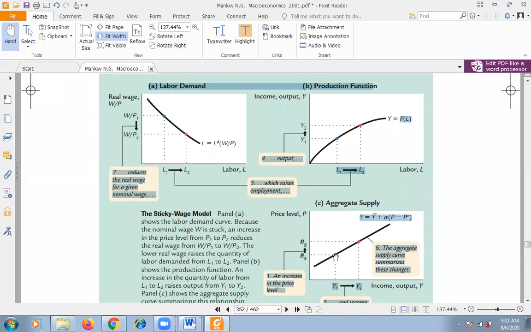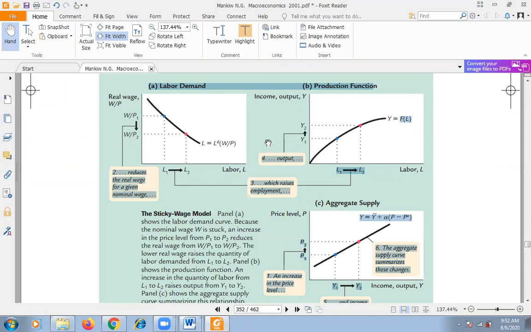At P1, the blue color point, the output level is Y1. At P2, the red color point, the output level is Y2. As the price level increases, the output level increases.